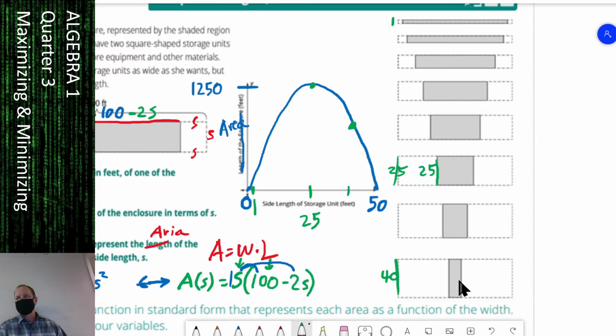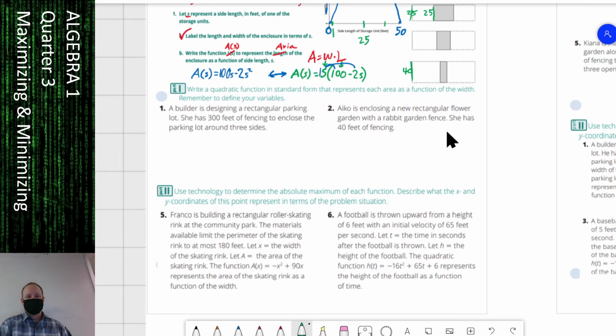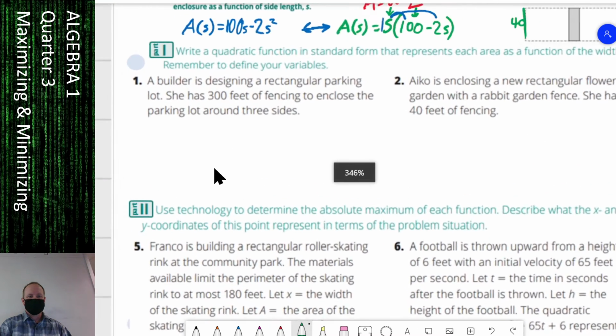When we start making a rectangle out of it, whether it's a really long rectangle or a really wide rectangle, then our area starts to decrease. So we can use this quadratic graph to compare the length of one of the sides to the whole area, which is what we're going to do in part 1.